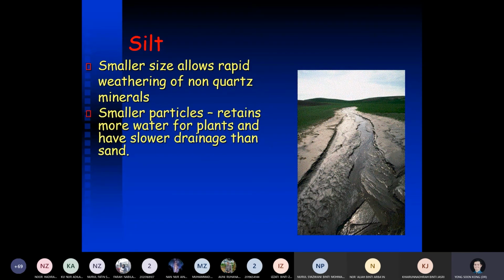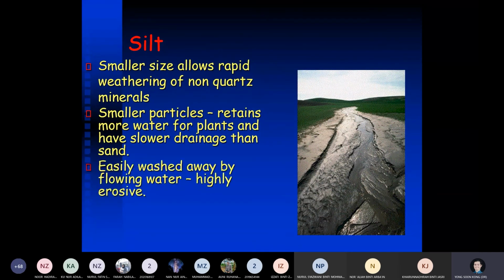Because silt particles are so small, they can usually retain a fair bit of nutrient, since the smaller they get, the more surface area they have. So silt is also good. That is why deltas where silt is dominant are very fertile, because they can retain nutrient.